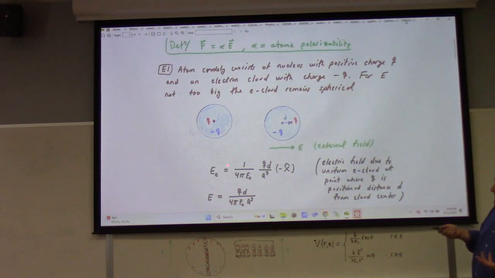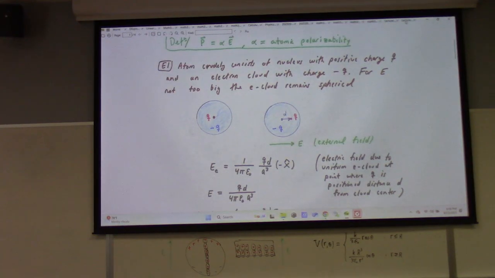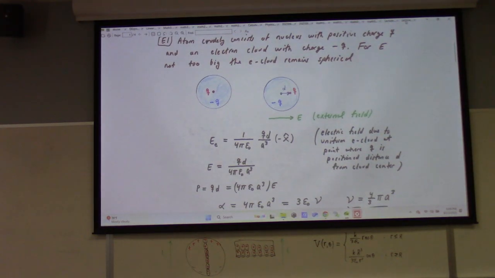So this field must balance the external electric field, which gives me E equals this. And then I solve for that. I get p equals Qd, which is what I'm defining there.